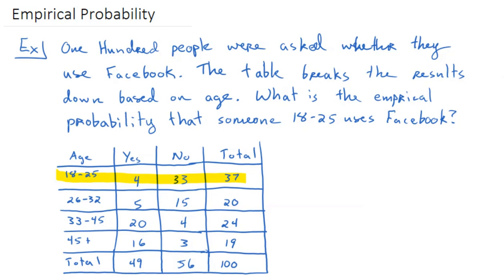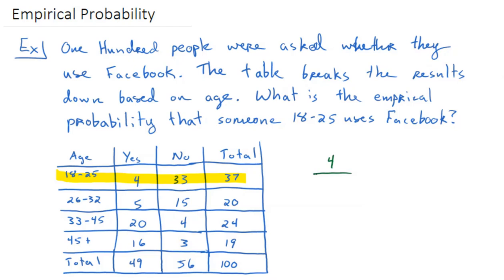So that wording means we automatically narrow ourselves down to that category, and then the top of our empirical probability is the number of results that actually gave that event. So the number of people who use Facebook that are 18 to 25, that's going to be a 4.